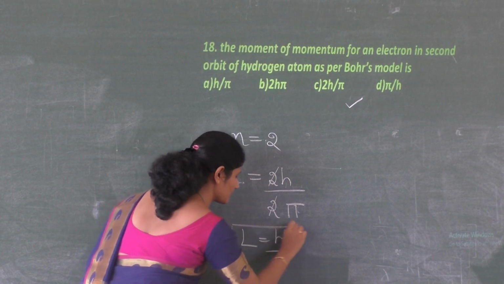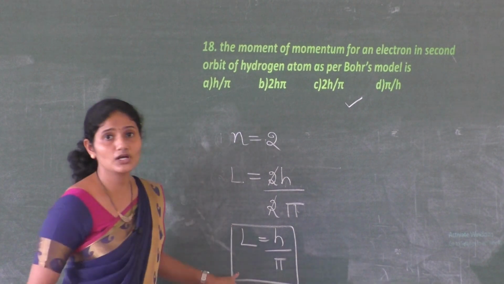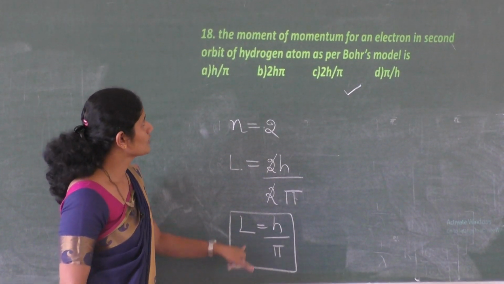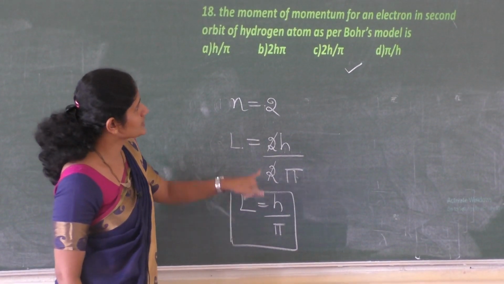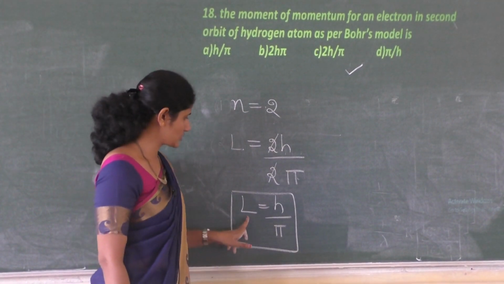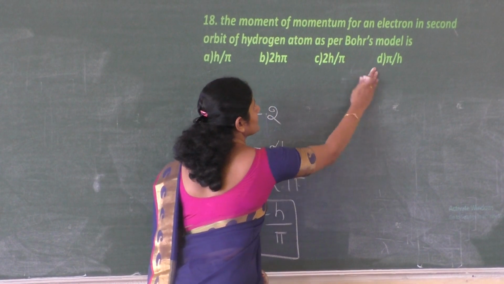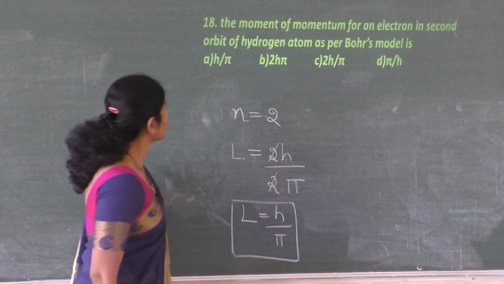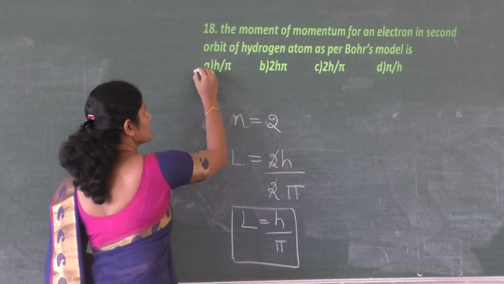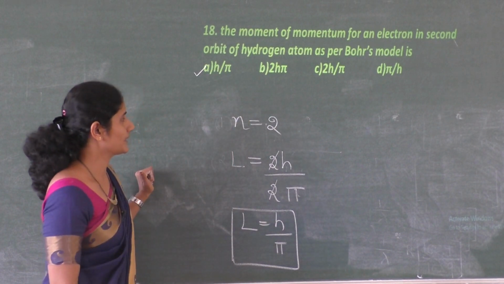This is the expression for angular momentum for the electron in the second orbit. The correct answer is option A, h by pi.